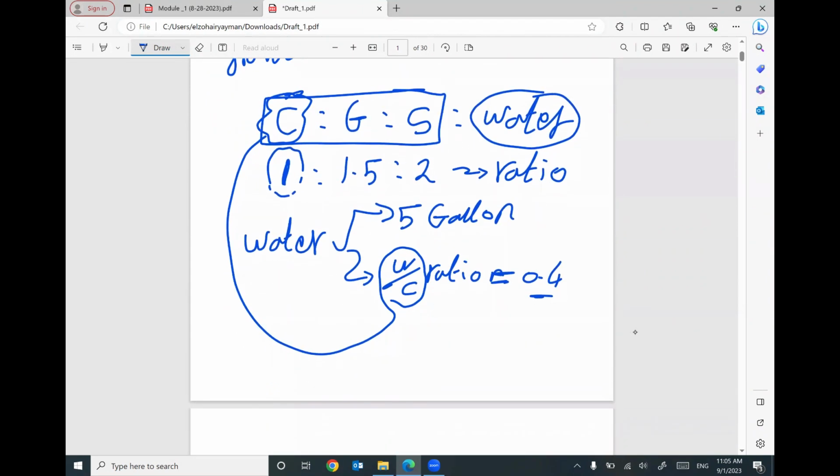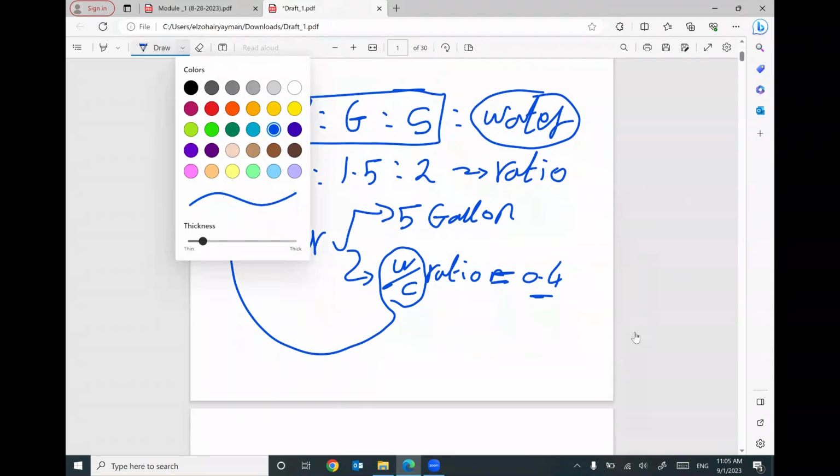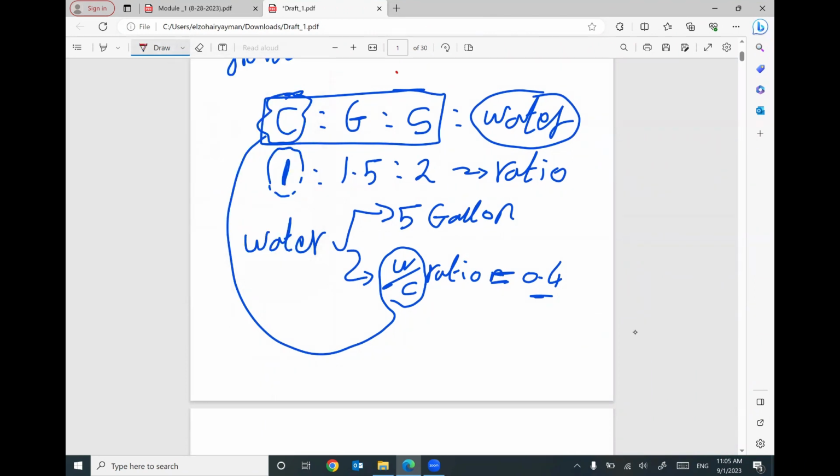So one more time, if you would like to define your concrete mix, if you open any research paper, any textbook, they will define a ratio between the 3 main components: cement, gravel, sand, or sand and gravel, whatever the ratio. So we have, for example, this ratio 1 and 1.5 and 2.